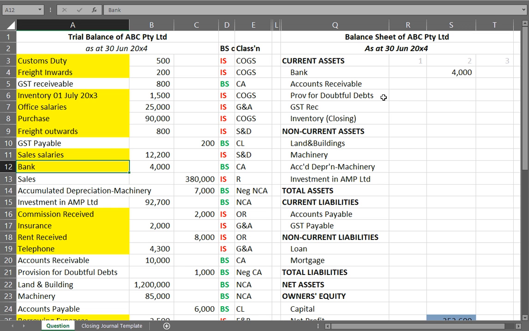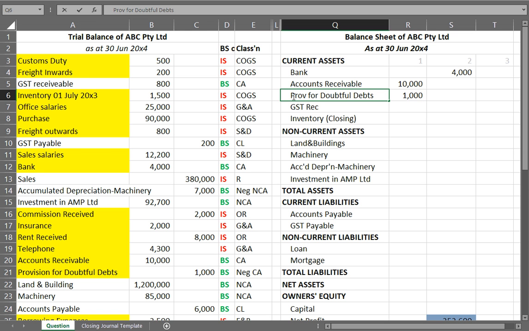Then we have accounts receivable, but in this example, we have accounts receivable as well as provisions, so 2 accounts. So we need to calculate subtotal. Accounts receivable is 10,000. A provision for doubtful debt is 1,000. Okay, so we either put it as a negative amount, or we can say less provision for doubtful debts.